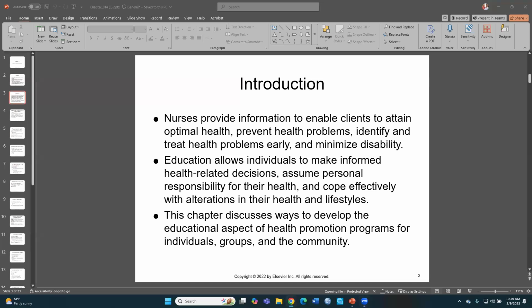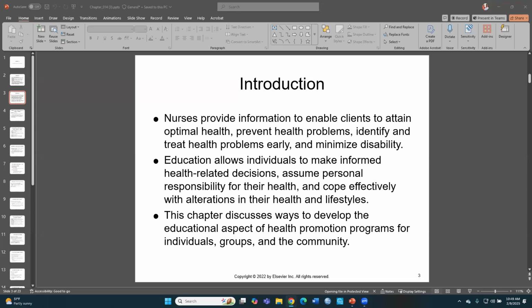All right, and that brings us to chapter 14, which is health education in the community. So nurses are there to provide information to enable our clients to attain optimal health, prevent health problems, identify as well as treat health problems early, and minimize disability.